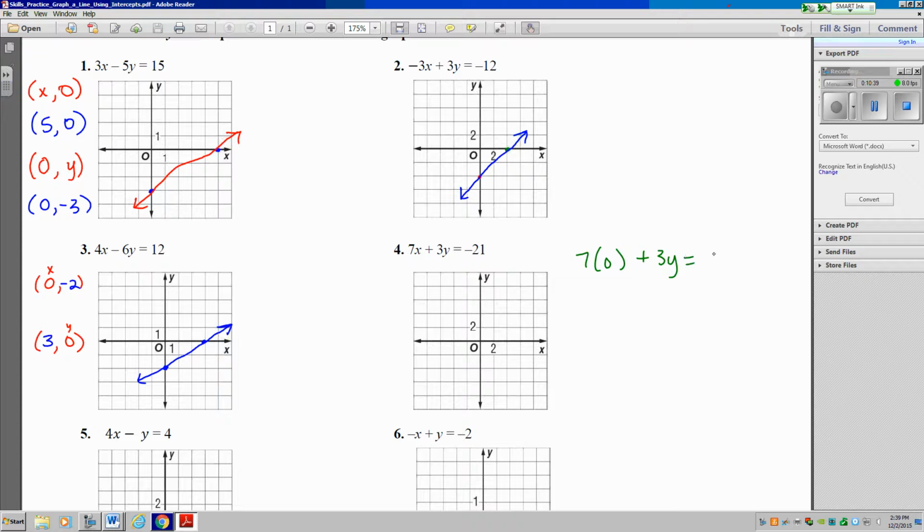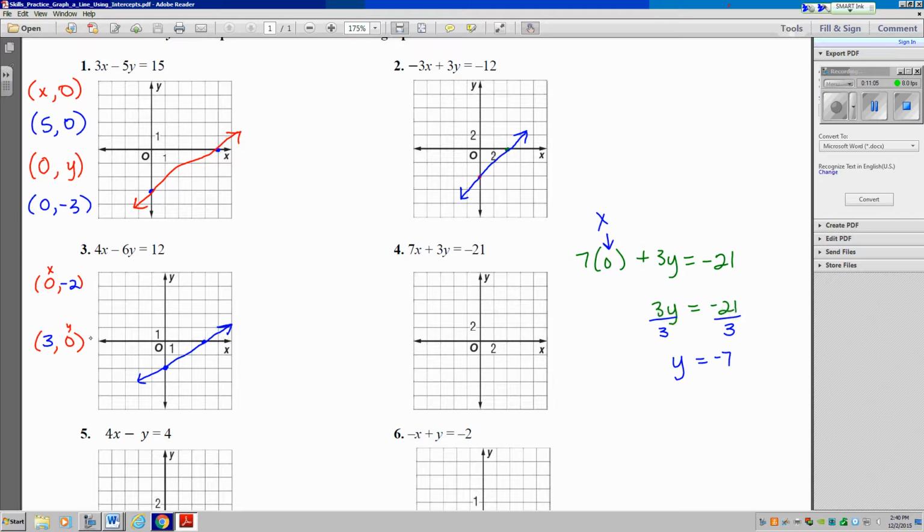You guys fix your notes. I wrote x. That disappears, leaving me with 3y equals -21. Okay, I am so sorry. I'm dividing by 3, and I'm actually left with y equals -7. I apologize. I put the 0 in here for x, leaving me with the y-intercept.